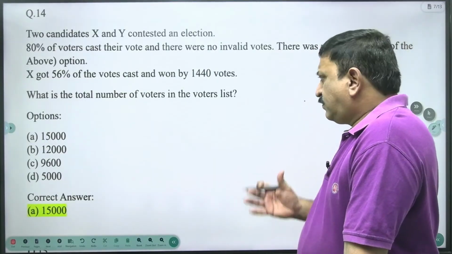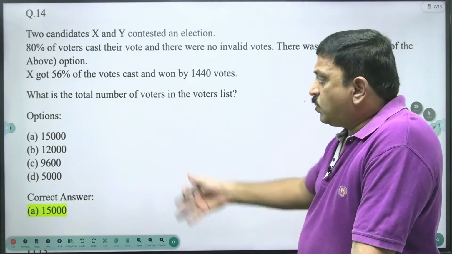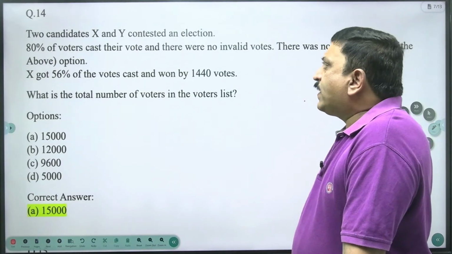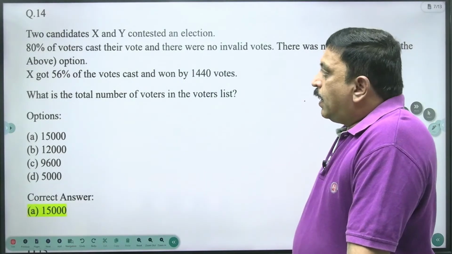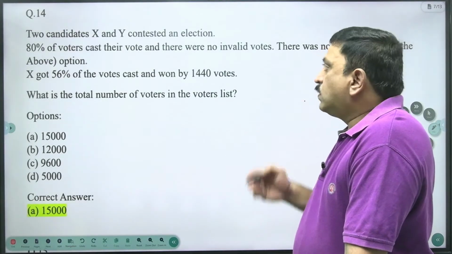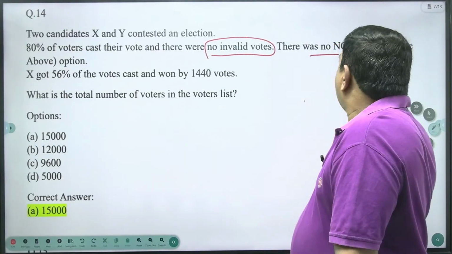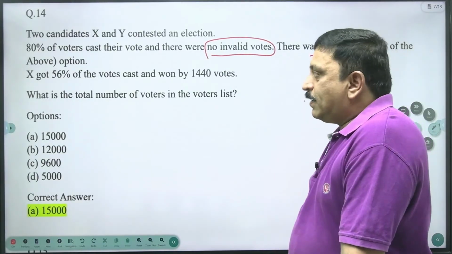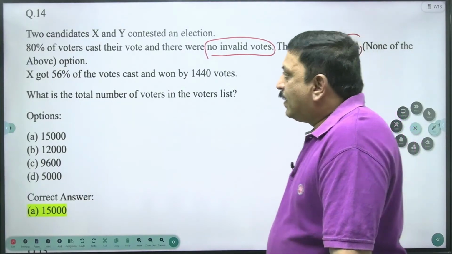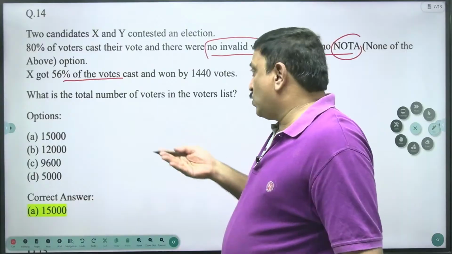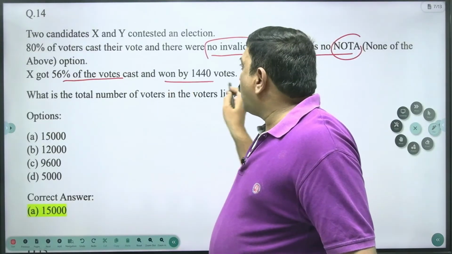Here, there are 2 or 3 questions I want to take. 2 candidates X and Y contested in an election. 80% of votes cast their vote, and there were no invalid votes. There was no NOTA, none of the above option. And X got 56% of votes cast, and he won by 1440.